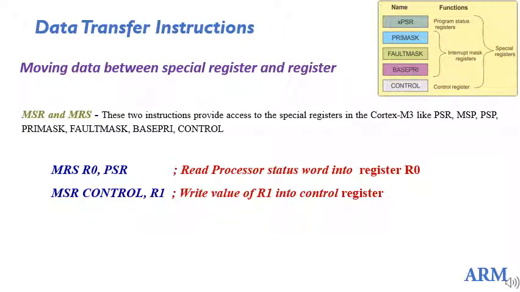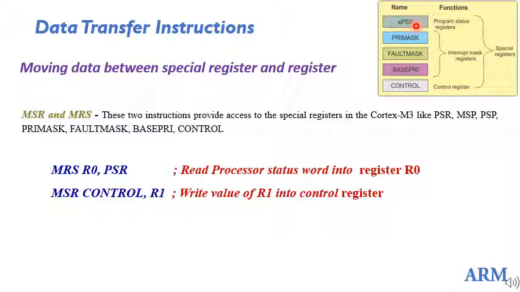The next category of data transfer instructions is moving data between special register and register. While studying the Cortex M3 architecture, we have seen it has a set of special registers, namely PSR. PSR is nothing but a combination of 3 registers, that is APSR, EPSR and IPSR.